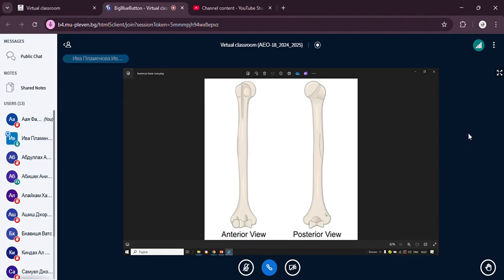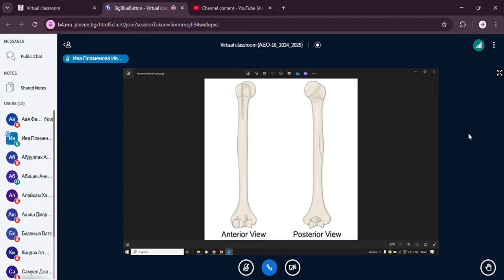On the posterior view, we have only one fossa. Did you remember the name? Only one, for the olecranon of the ulna, that's why the name of the fossa is fossa olecrani.